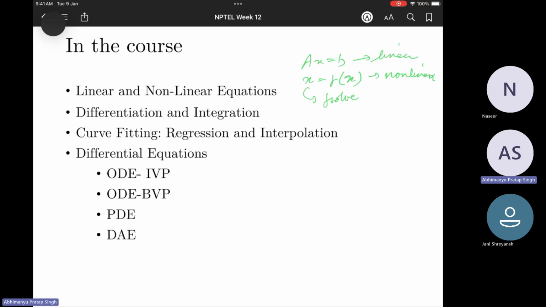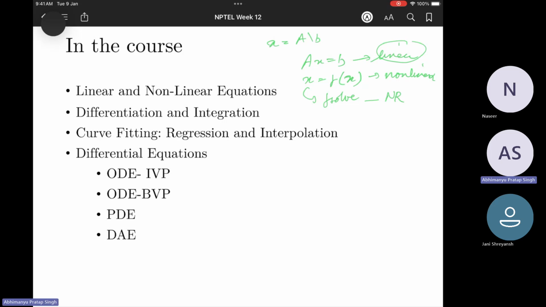Furthermore, for these nonlinear equations, we also saw methods such as Newton-Raphson, the bisection method, the secant method, all those things. And for the linear part, we saw one method using the backslash operator, where x = A backslash b. Then we also saw Gauss elimination and back substitution.